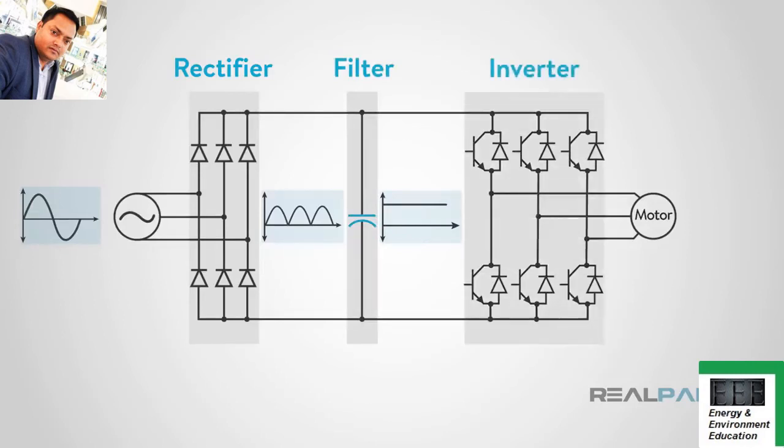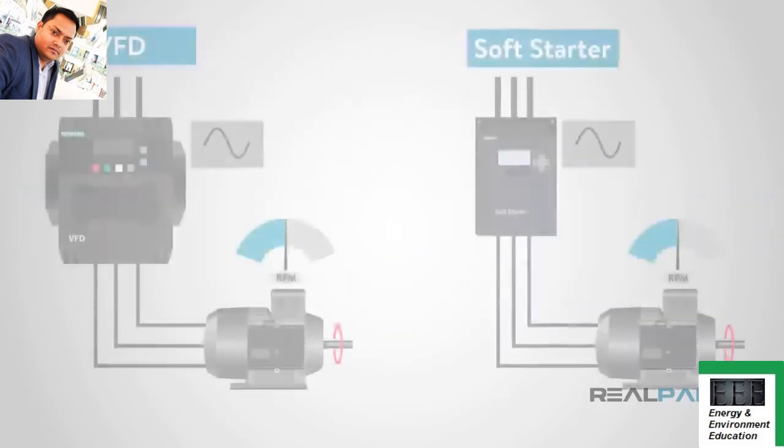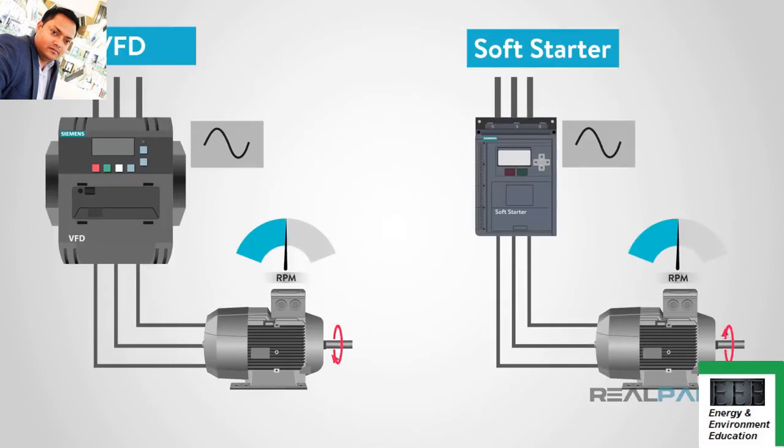Finally, the inverter uses transistors to convert the DC voltage and sends the motor a frequency in hertz. This frequency drives the motor to a specific RPM. We can set the ramp up and down times just like in a soft starter. From what we just covered, we can see that a VFD is basically a soft starter with speed control.